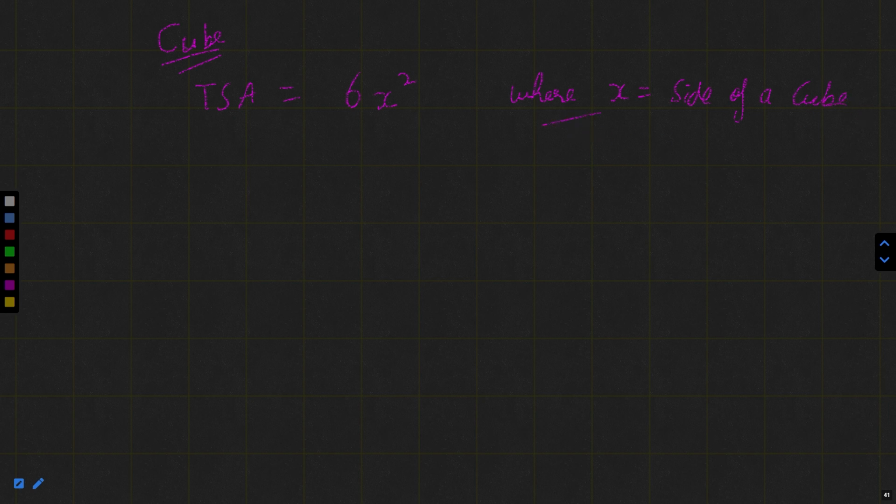In cube, all the sides are equal and we are taking our side equal to x. Okay. Now the lateral surface area will be 4 times x square. Now the volume will be x cube. I hope this is also clear.